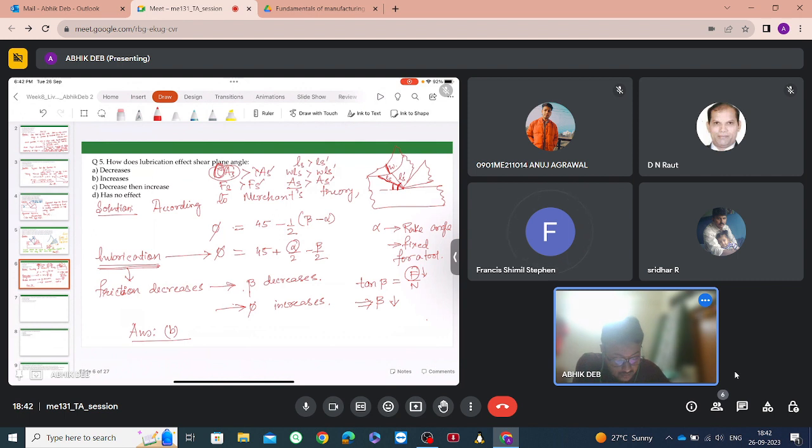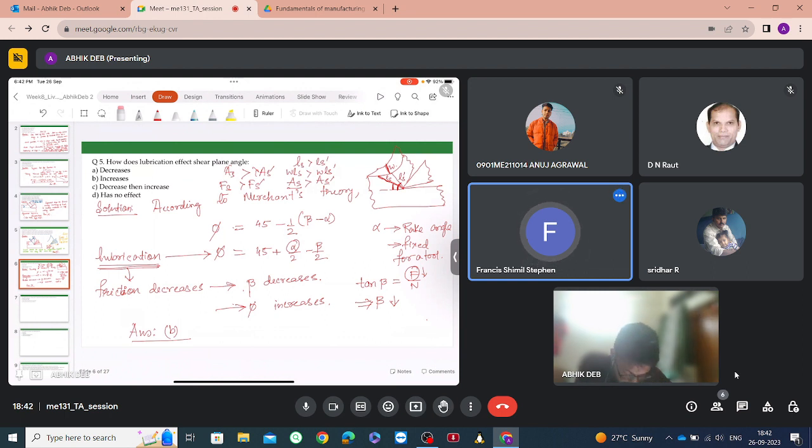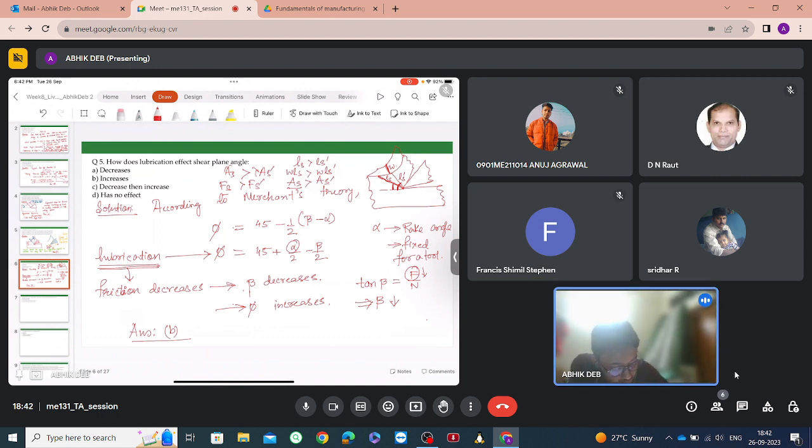Yes, sir. Okay. One more thing, you said that the rake angle will be constant for a cutting tool, but actually we can vary the rake angle by changing the tool position. Yes, but obviously if you change the tool positioning with respect to the workpiece, the rake angle will change.